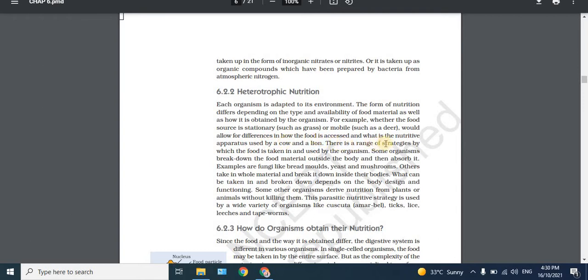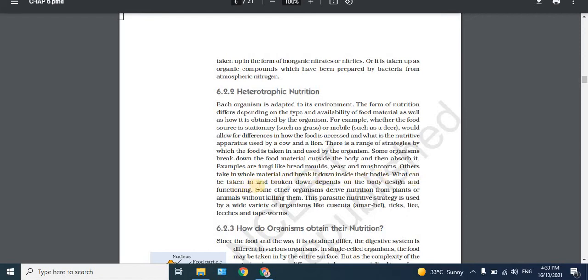There is a range of strategies by which the food is taken in and used by the organism. Some organisms break down the food material outside the body and then absorb it. Examples are fungi like bread mold, yeast and mushrooms. Others take in whole material and break it down inside their bodies.